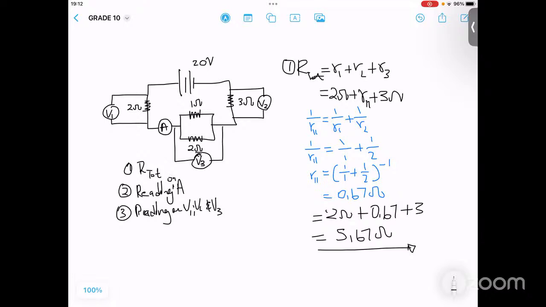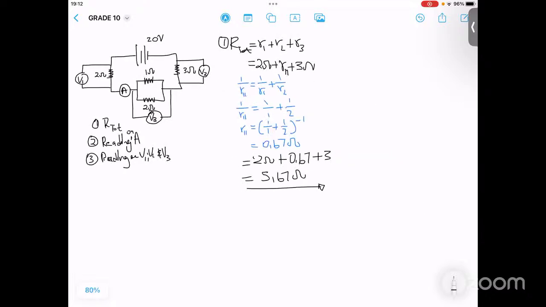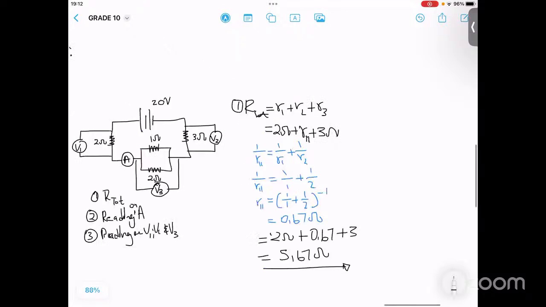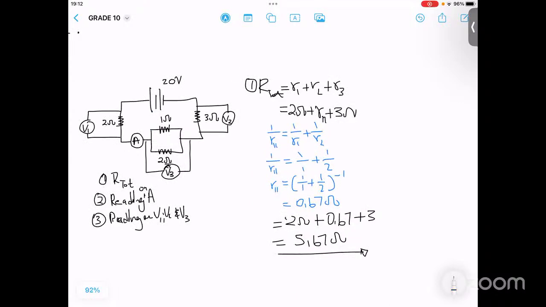Now, coming to the second question, which asks for the reading on the ammeter. Every time it comes to the reading on the ammeter or the reading on the voltmeter, always remember this formula: V equals IR.